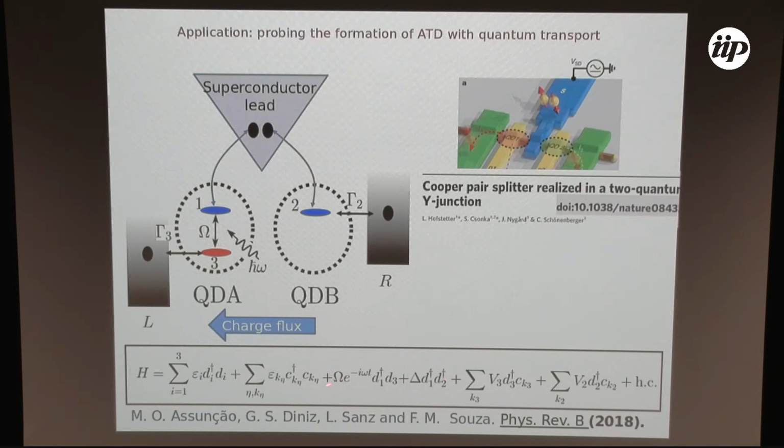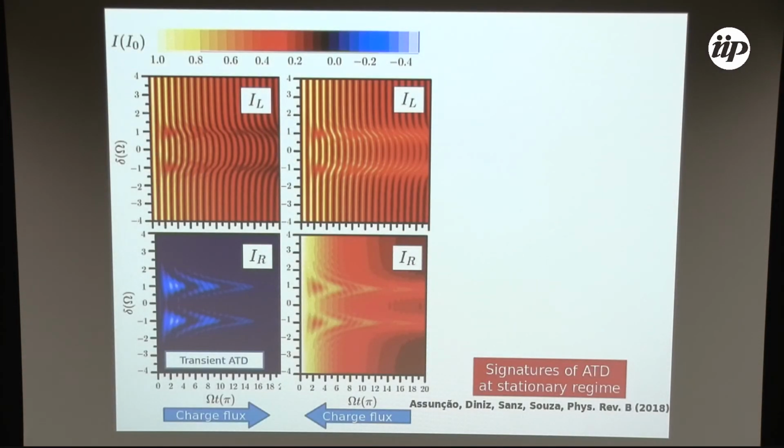This omega is proportional to the laser intensity. So when this dot level is aligned with one of the Autler-Townes doublet, you have a finite current. The mechanism behind that is what we call crossed Andreev reflection.